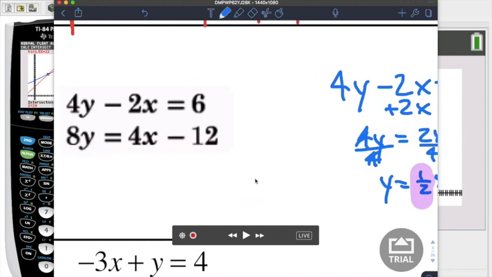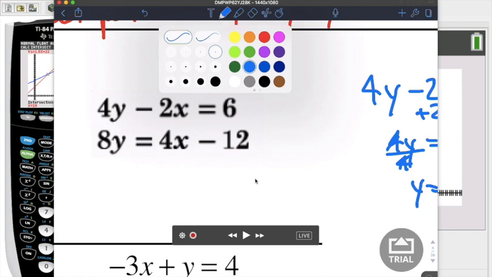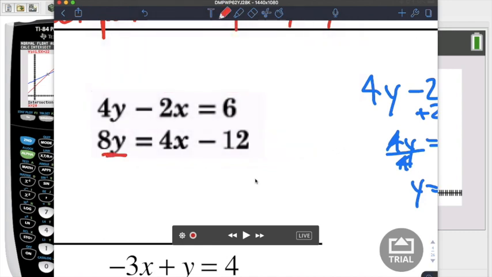Now this one right here, you almost have y by itself. All you got to do is divide by 8. Okay, so that'll get us y. 4/8 reduces to 1/2. They're both divisible by 4, right? And then 12/8, those are also both divisible by 4. You could go 3/2.